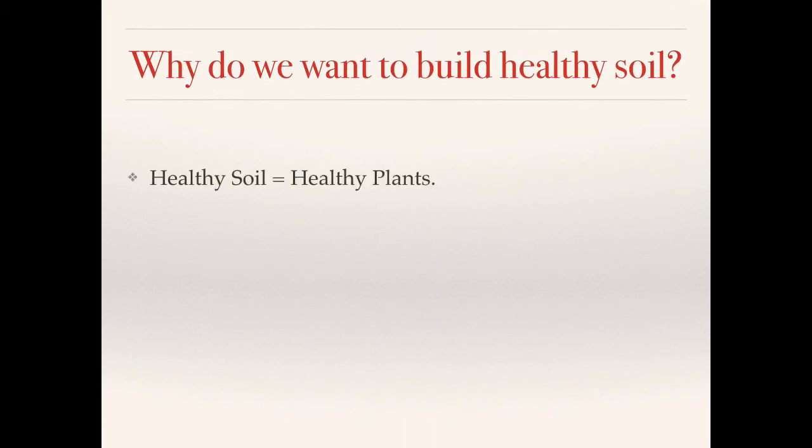If we distill the concept down as much as possible, it'd probably read something like this: healthy soil equals healthy plants. I think most folks would agree that an organism's environment is a major determinant of the health of that organism. So if we transpose that over, we would say that the health of the plant is determined by the environment in which it's grown, which is the soil.